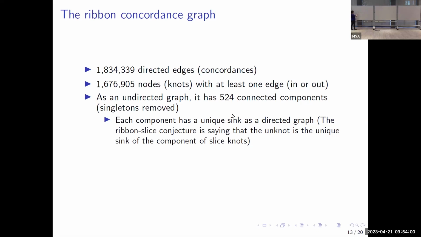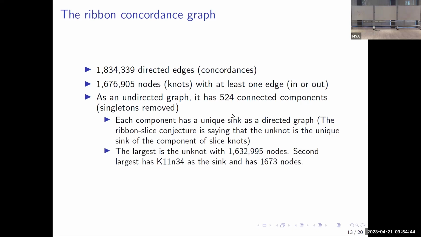What would it mean for a knot to be slice but not ribbon is if it's something over here, where being ribbon means you can just take downward edges to get to the unknot, whereas being slice means if you take upward or downward edges, you can get to the unknot, right? So the slice-ribbon conjecture is saying that the component containing the unknot has a unique sink, so it doesn't look like this. And what we found in our graph is that every component had a unique sink, so it looked like that.